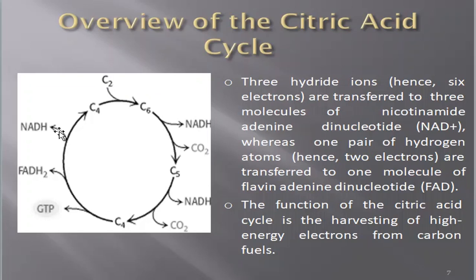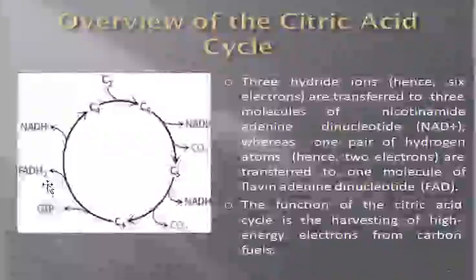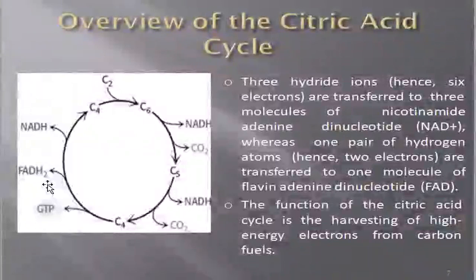In the TCA cycle, at 3 steps, there is formation of NADH, and at 1 step of the TCA cycle, there is formation of FADH2. The hydride ions present in the compounds participating in the TCA cycle release the hydride ions into the nicotinamide adenine dinucleotide.